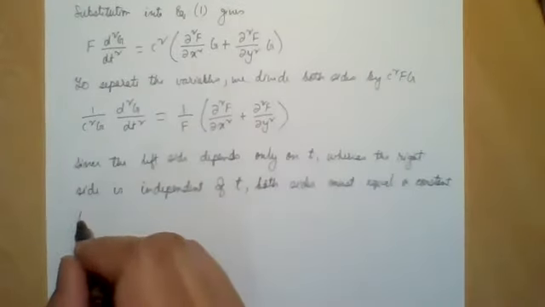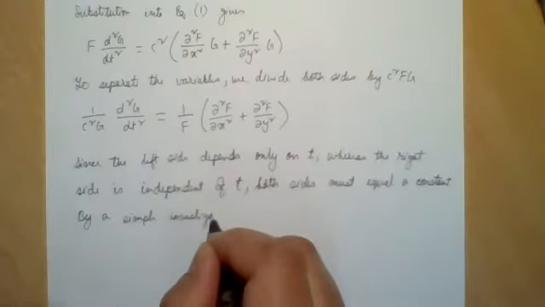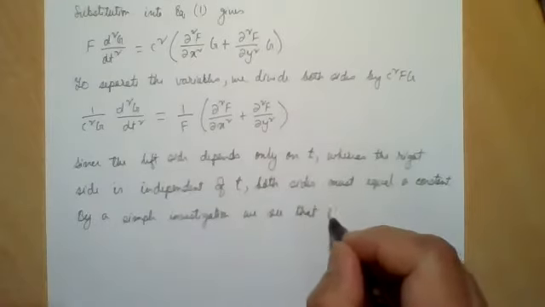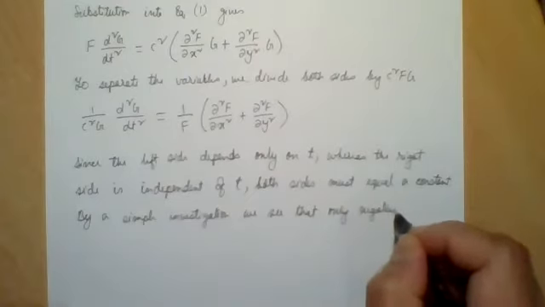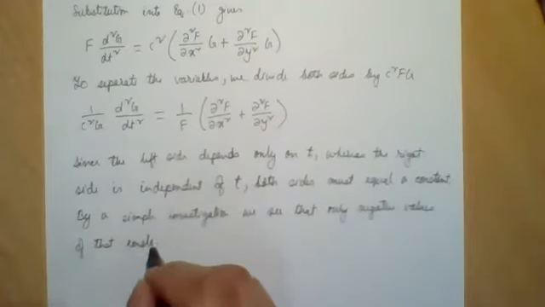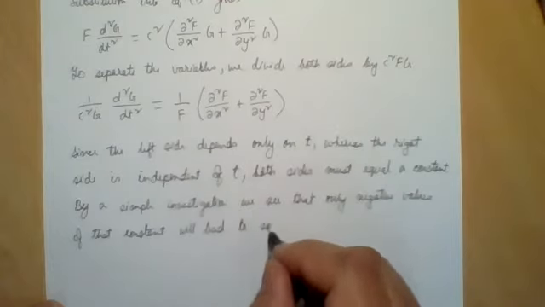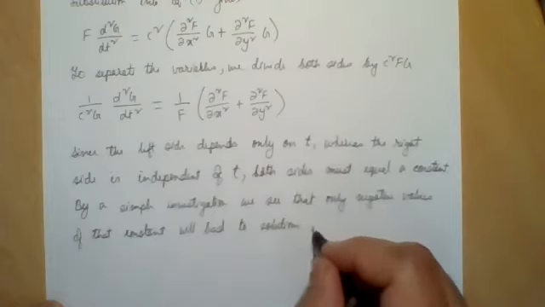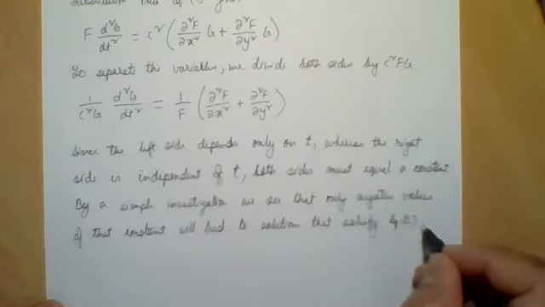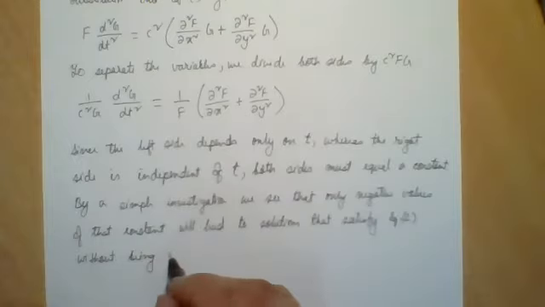By a simple investigation, we see that only negative values of that constant will lead to solutions that satisfy the boundary conditions given by equation number 2 without being identically 0.